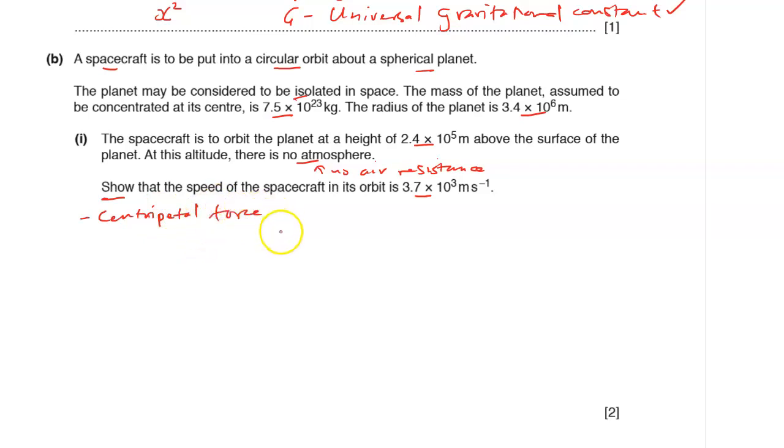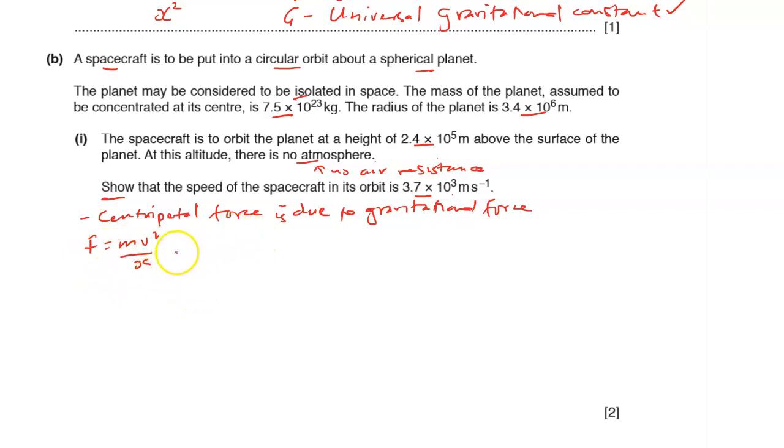We know that the centripetal force is due to the gravitational force, which you have said F is equal to GMm over x squared. We know that the formula for centripetal force is mv squared upon x, of course, which is r.